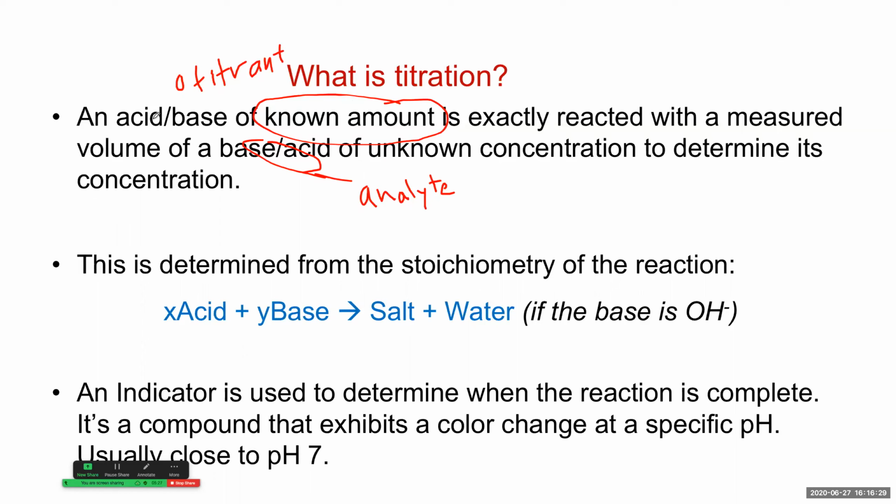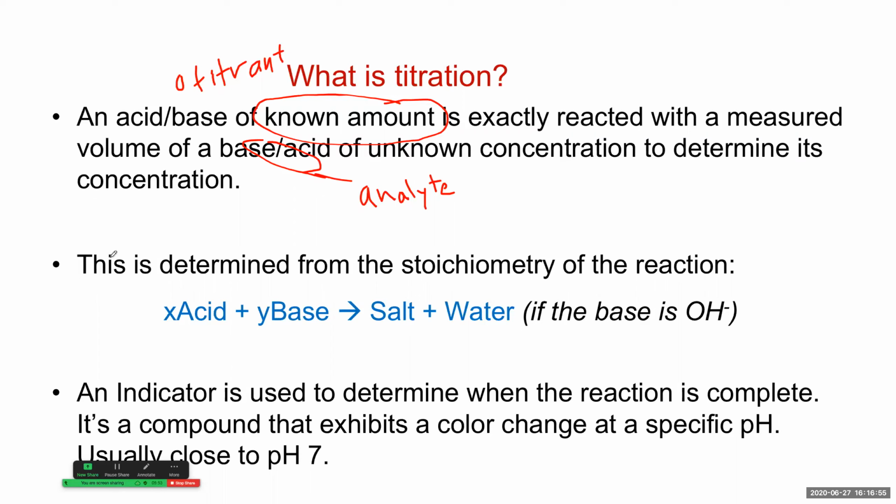So until we've added as much acid to the base so that it's totally reacted. And then from the amount of acid of known concentration that reacted with the unknown base, we can calculate the concentration of that unknown base. Like I said, when we do the calculations, I think it'll be more clear.